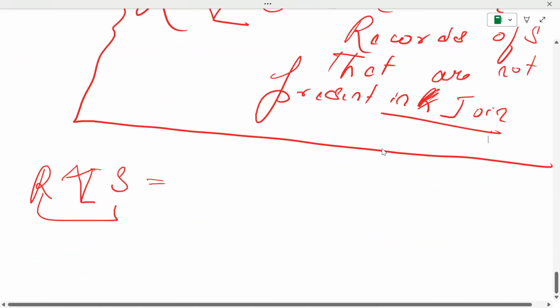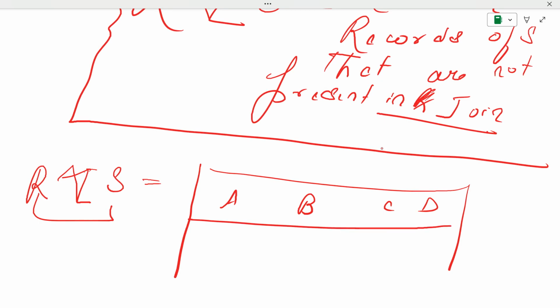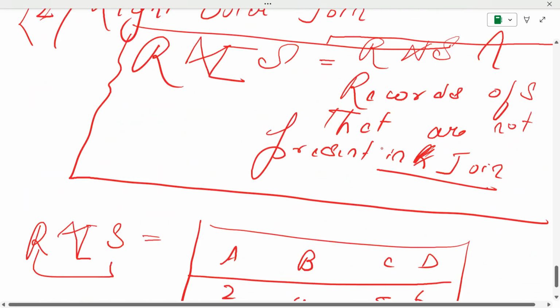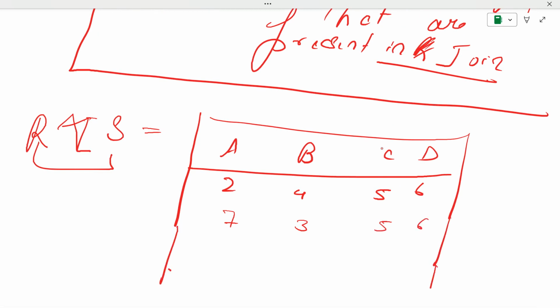It will include A, B, C, D, and it will include 2456, and it also includes 7356.